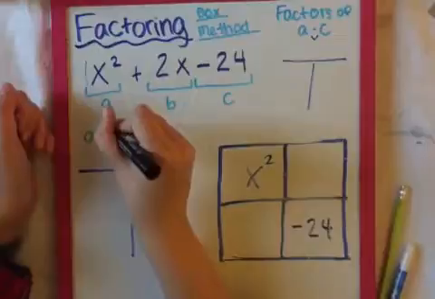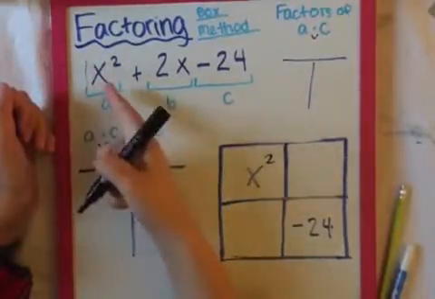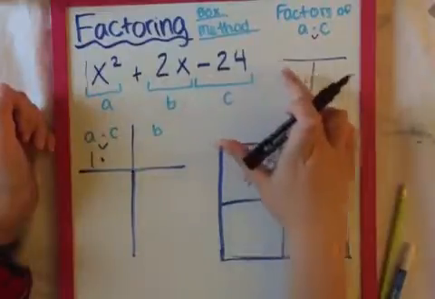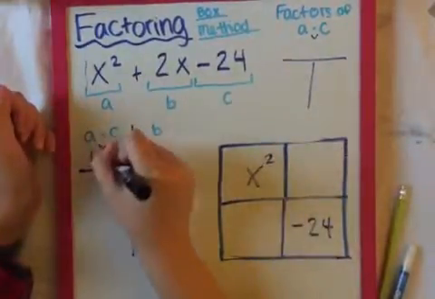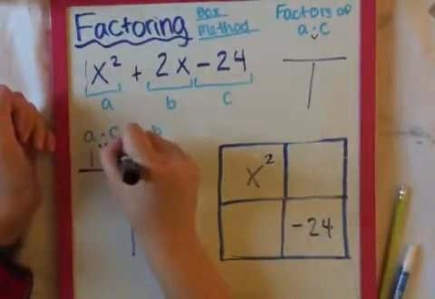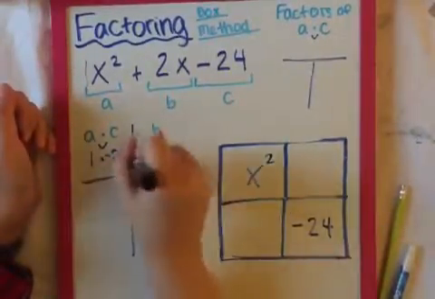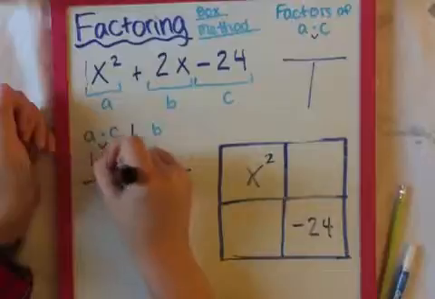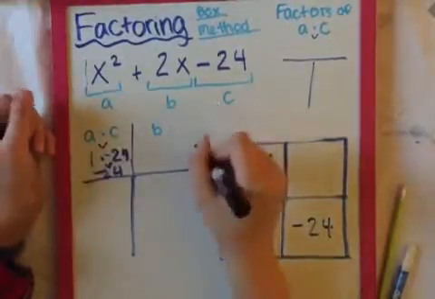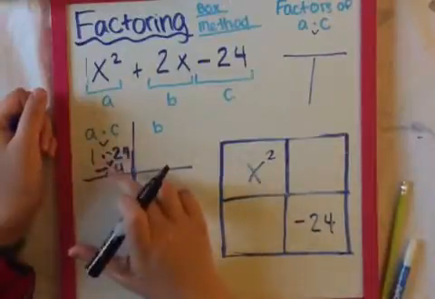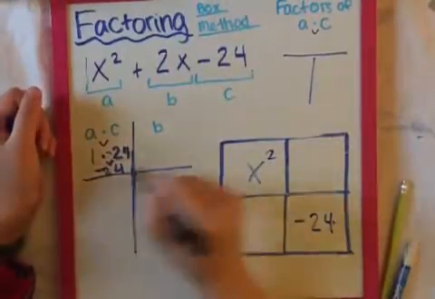We take the integer from before x squared, and we have 1 times whatever the integer for C is, which is negative 24. And that gives us negative 24.